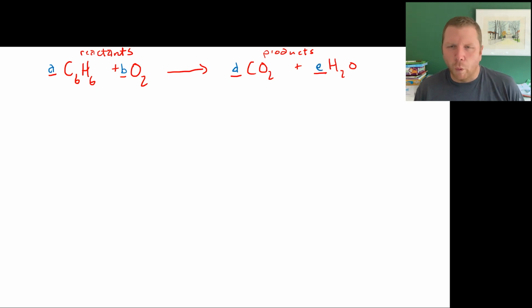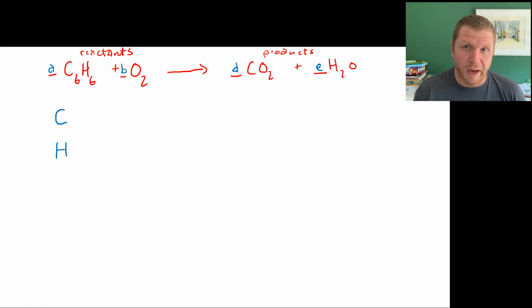Okay, my aim is to balance and equate the number of carbons on the reactant side with the product side. So I'm going to write equations for each one of my elements. C is one of my elements. C is present on both the reactants and the product side. My next element is H for hydrogen.